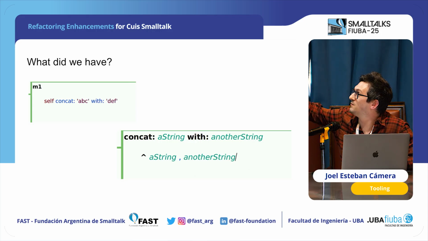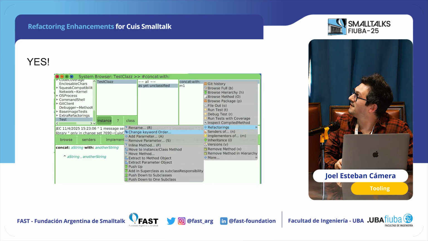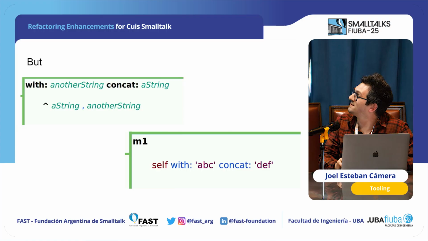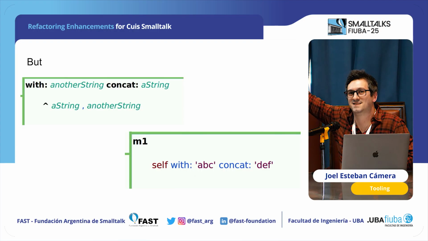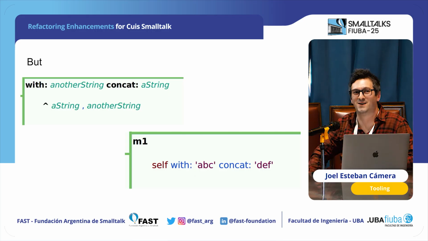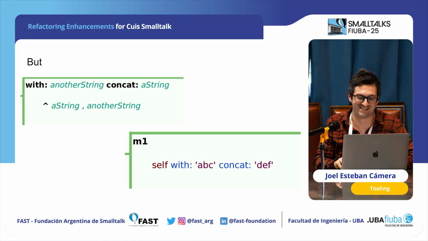I want to concat a string with another string. So yes, we can change the keyword order, but when you change the keyword order, the senders don't change the arguments. That's a funny bug that you don't want to have.